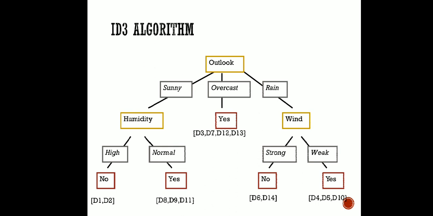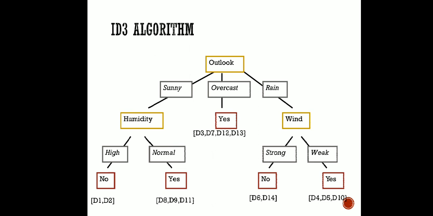That's why we have chosen wind here. Now all the leaf nodes of my decision tree are either yes or no. So using this decision tree approach we can take the decision, and we are not using one attribute at all: we have discarded temperature totally.